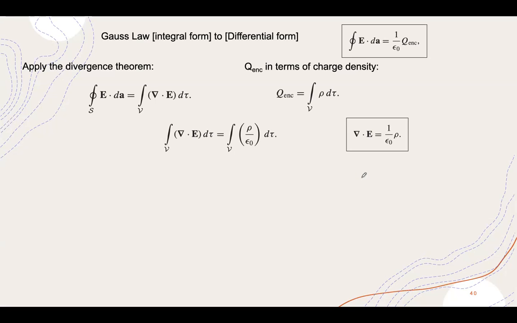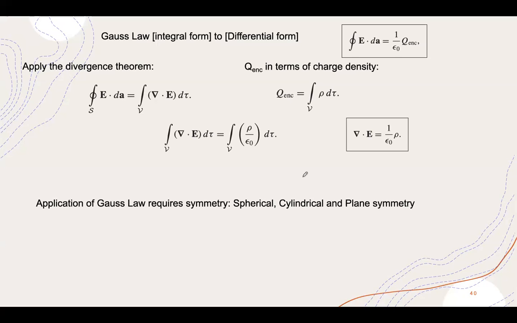This is just a mathematical manipulation, so that a law can be changed from integral to differential form. So you understand why one needs to define field lines: field lines give you an idea of flux, and that flux gives you the Gauss law.